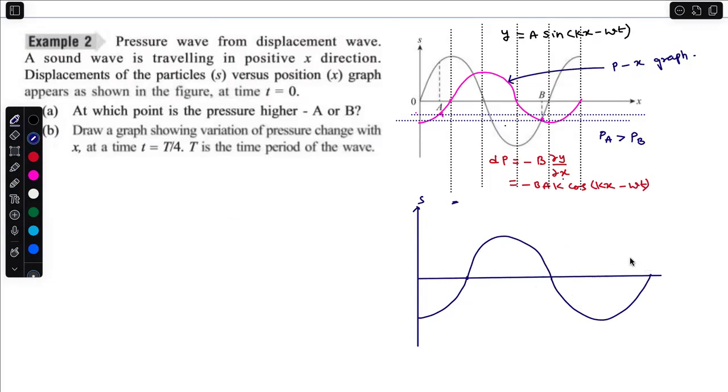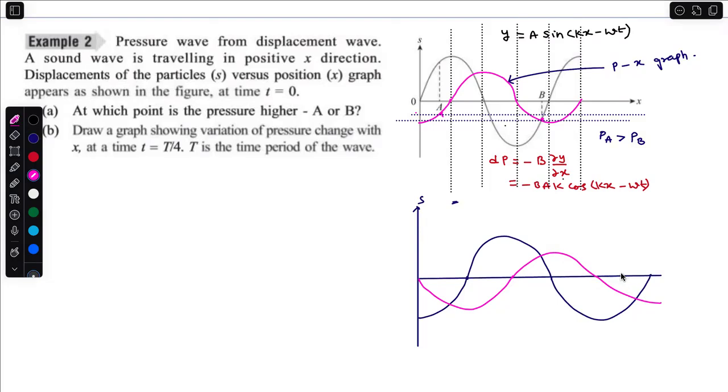Say yes or no for this. What about the displacement graph? You know the displacement graph and the pressure graph. So that's all I plotted.